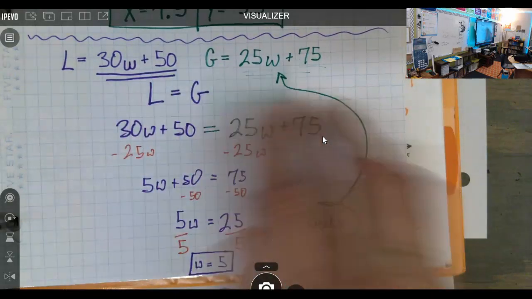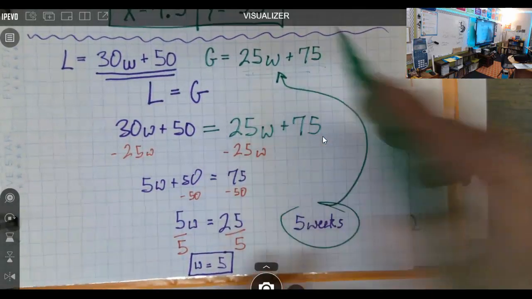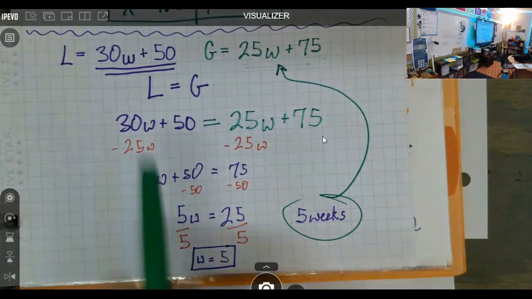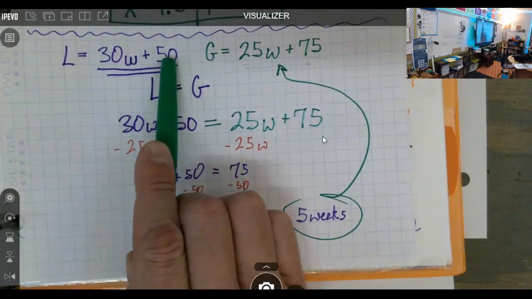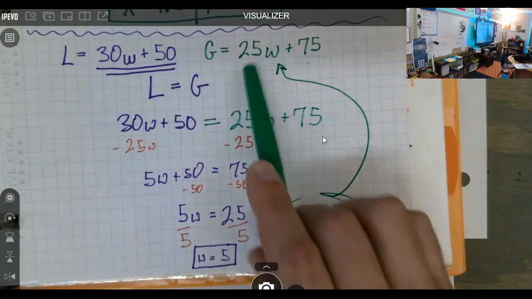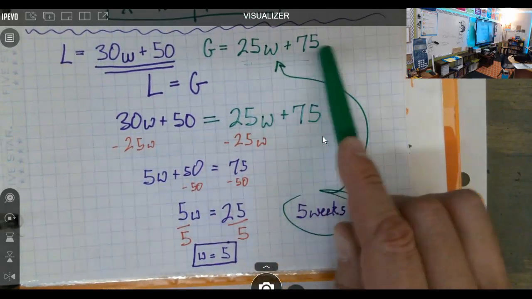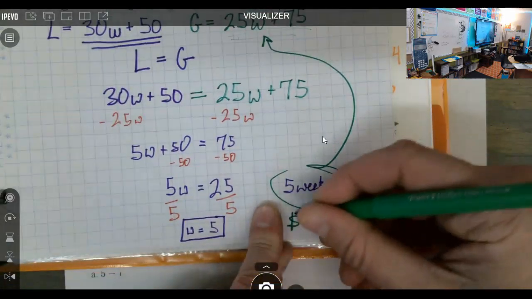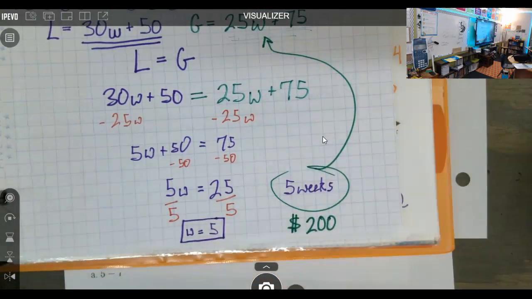Either one that I plug these into, they should get the same result. So 30 times 5, 150 plus 50, 200. 25 times 5, 125 plus 75, 200. So after 5 weeks, they will each have $200.